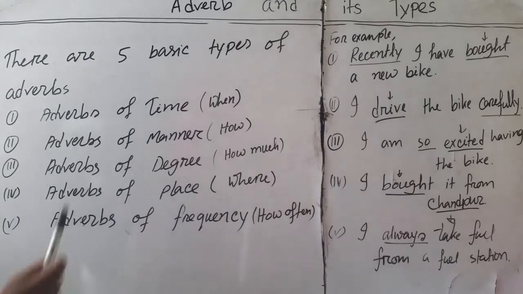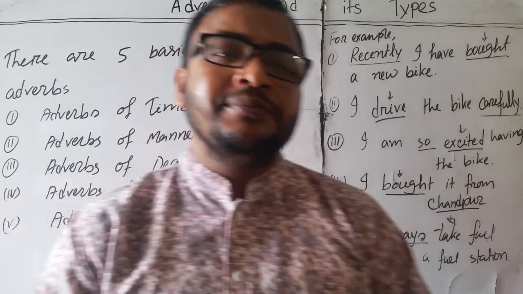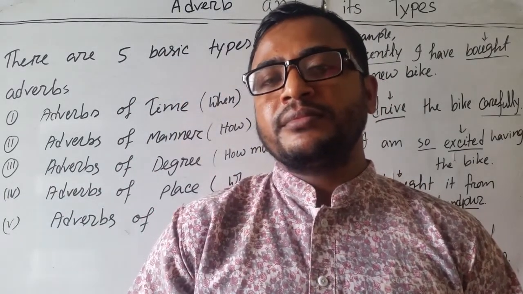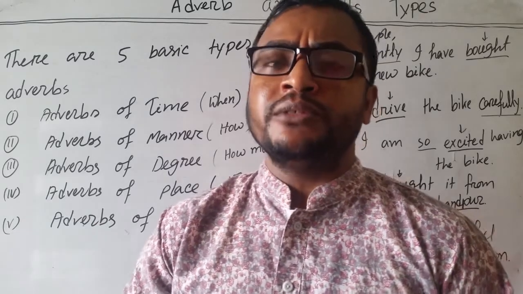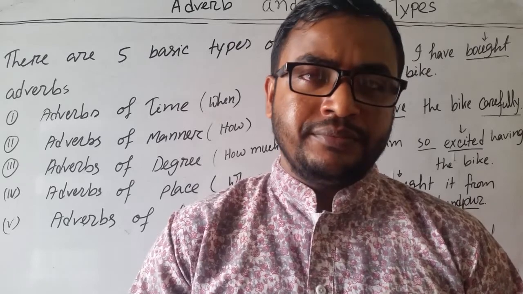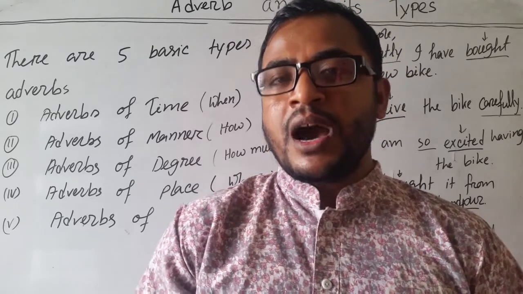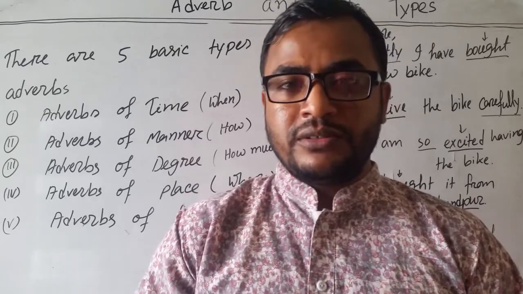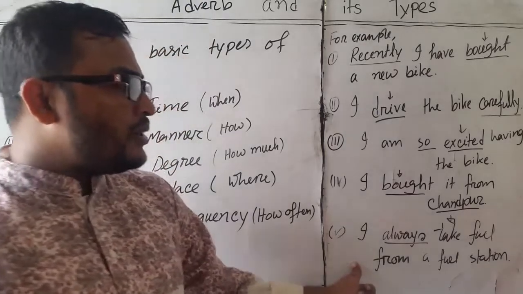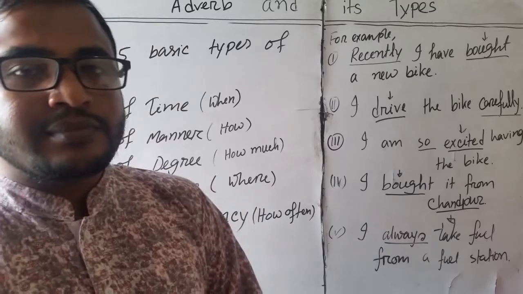Finally, adverbs of frequency. Adverbs of frequency tell us or give us information about the action. How often I do the action. How often he does the action. For example, I always take fuel from a fuel station.